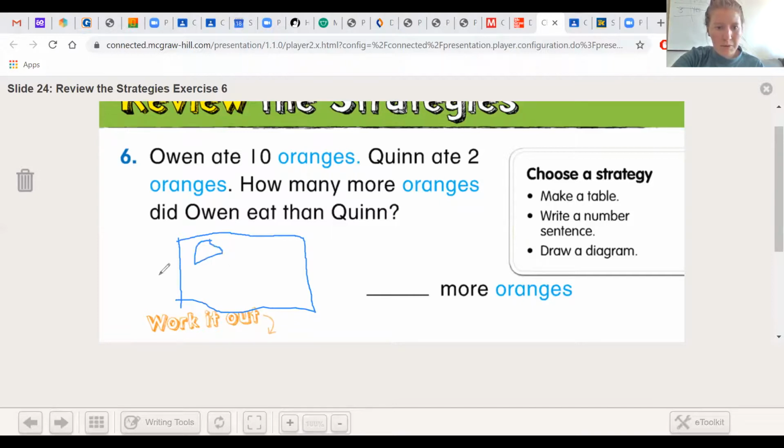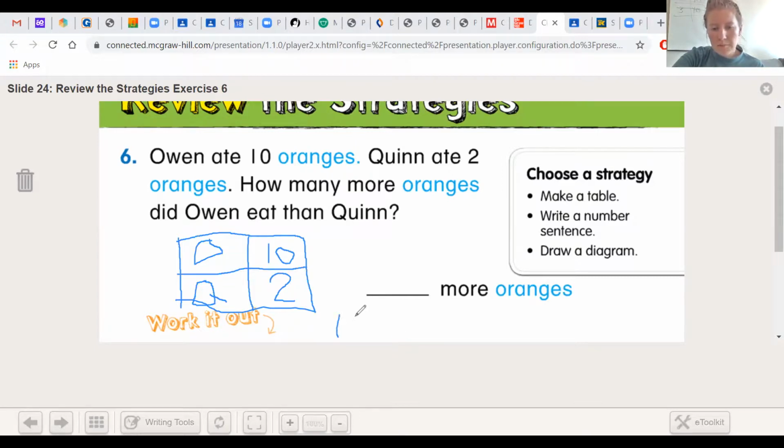Oh, that's my O. And a Q for Quinn. Owen ate 10. So I'm going to put 10 here. And Quinn ate 2. Who ate more oranges? Owen ate more oranges. Our question is, how many more?